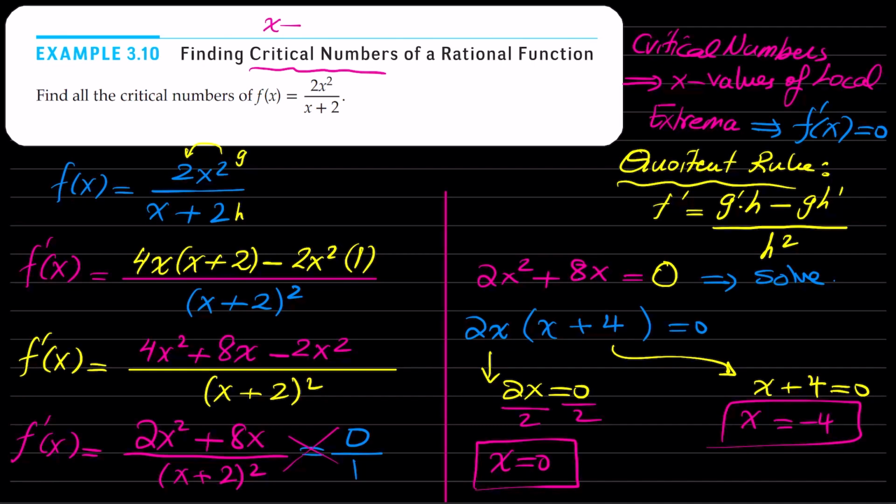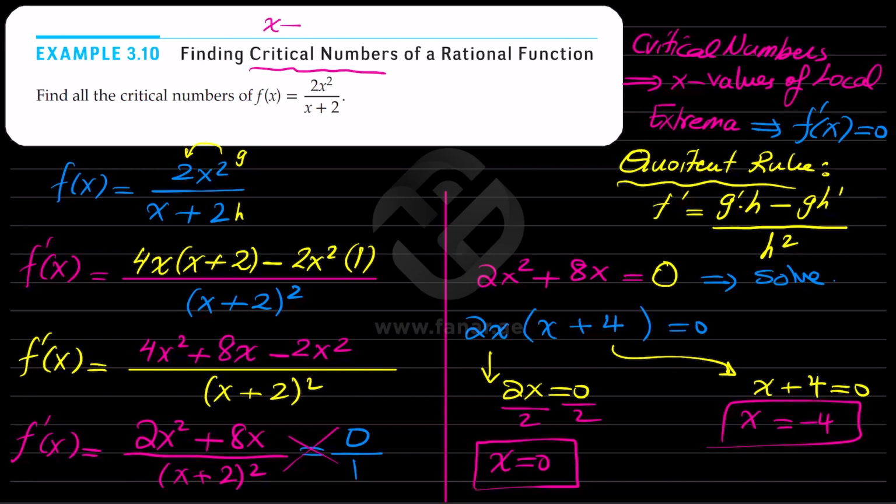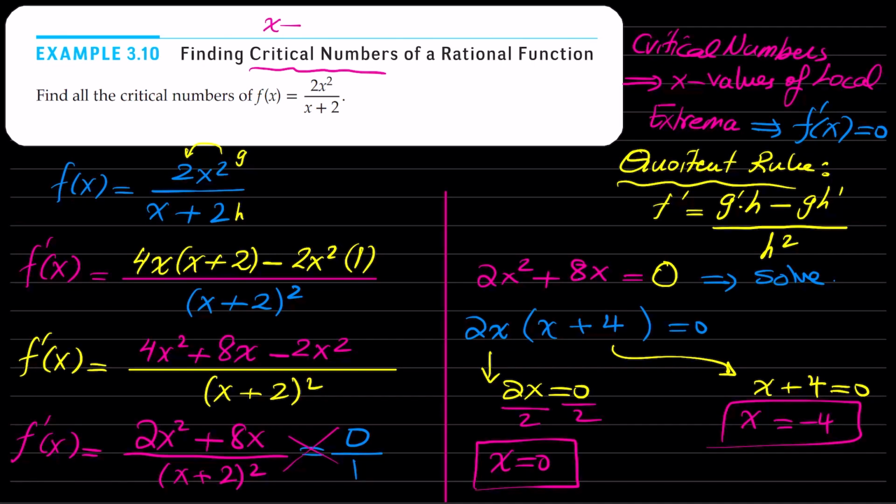So again, if we go back to the question, they said find all critical numbers. We found them: x equals 0 and x equals negative 4. Which of them is maximum? Which of them is minimum?